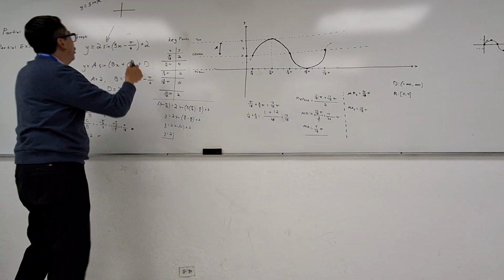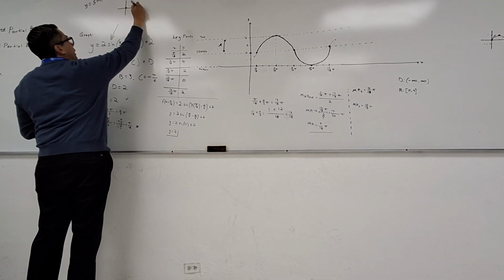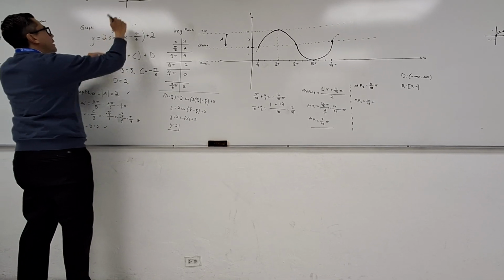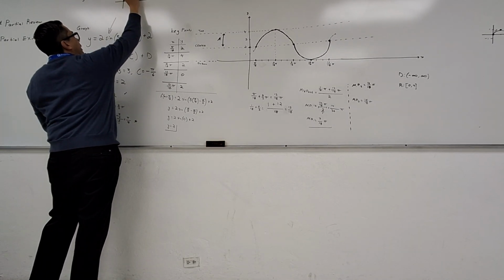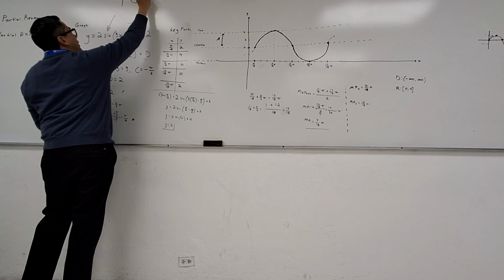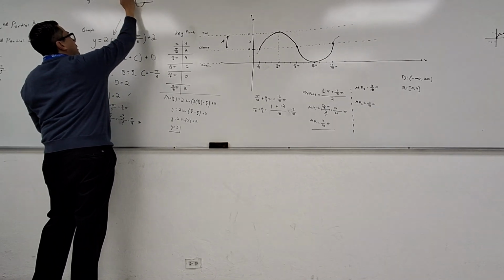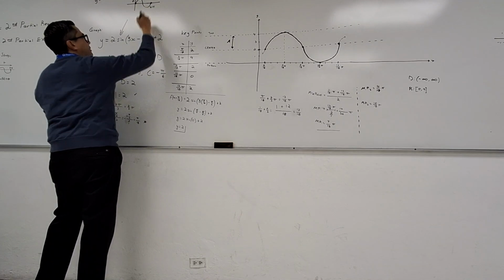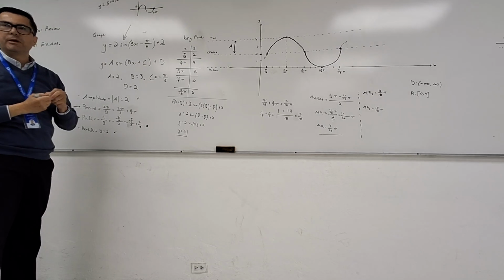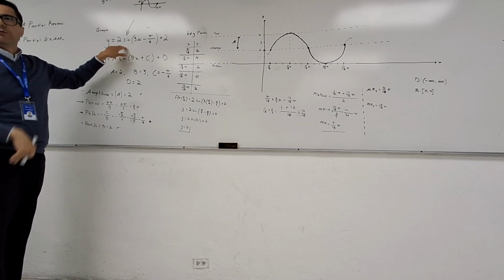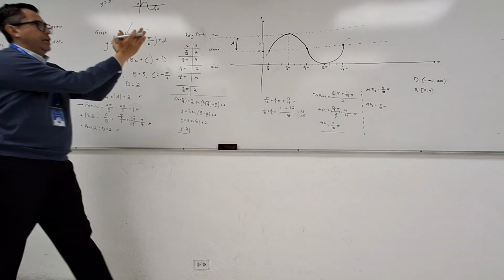So sine always begins here. And whenever you see sine, it's always going to go up and down, and it's going to end right here. And in the original, it ends in 2 pi, because that's the original period. That's how we know the behavior from reading sine. If it was cosine, it would look like a U kind of thing.